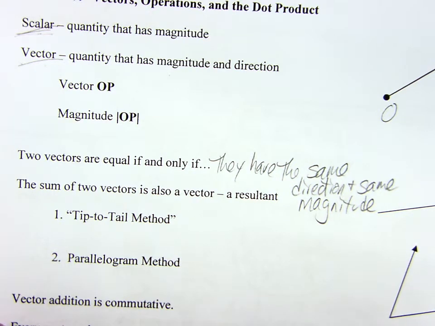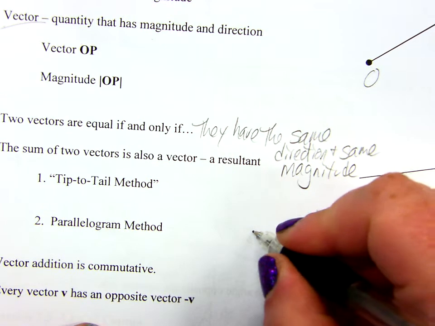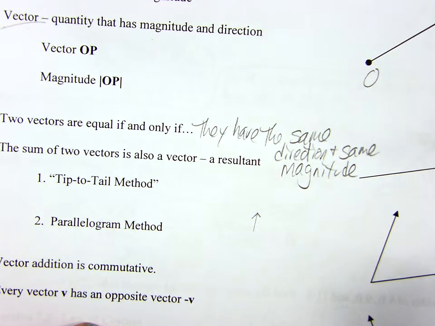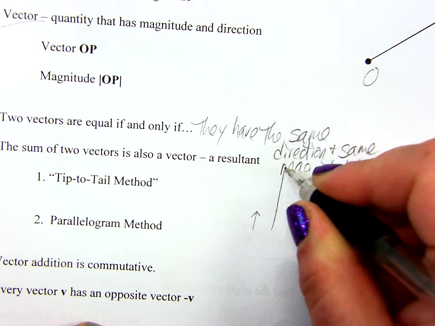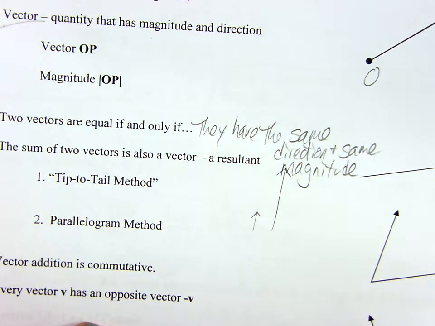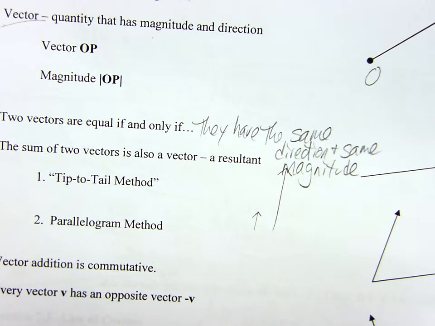So, for example, if I was driving north at 10 miles per hour, it might look like this. If I was driving north at 50 miles per hour, it should be 5 times the length of that, and will look much bigger. Okay, so the length of your vector is important, as well as its direction.